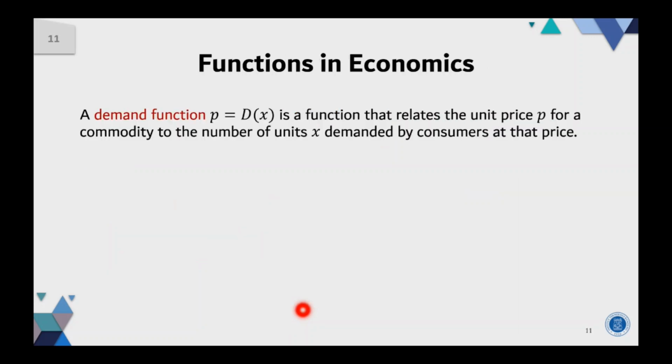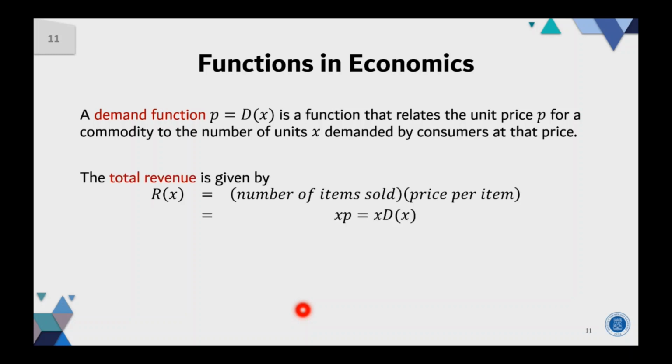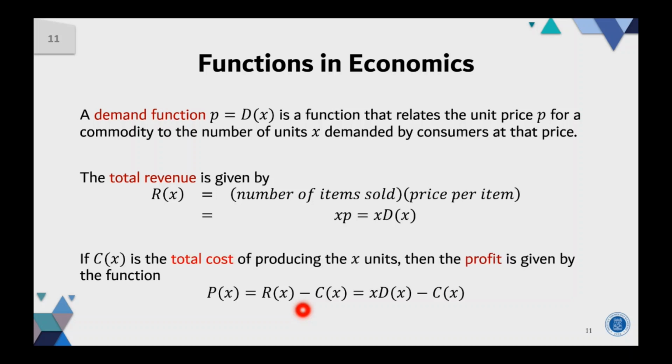And now we want to learn 3 important functions in economics. The first one is the demand function. The second one is the total revenue function. And the last one is the total cost function. Yeah. So here we have a demand function. So what is this function?